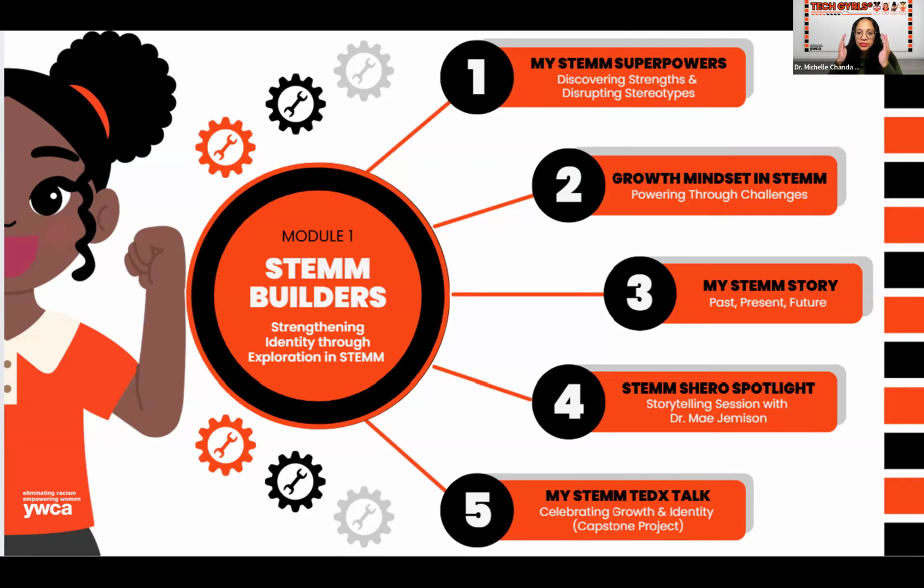In lesson number 2, this is growth mindset in action. So they're learning that mistakes are part of the process of growth. And they're building tools like a STEM optimism toolbox and affirmation cards with strategies and mantras that they can go back to stay persistent and to stay determined and just to stay present. Lesson number 3, they're telling their STEM story.